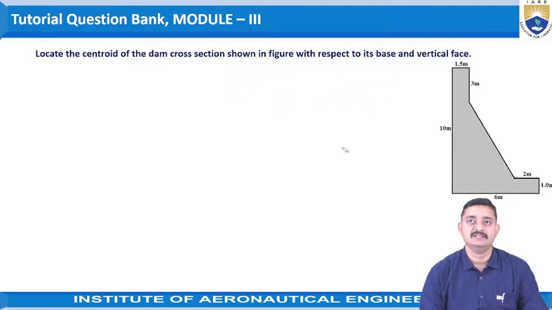The problem given is, locate the centroid of the dam cross section shown in figure with respect to its base and vertical face.